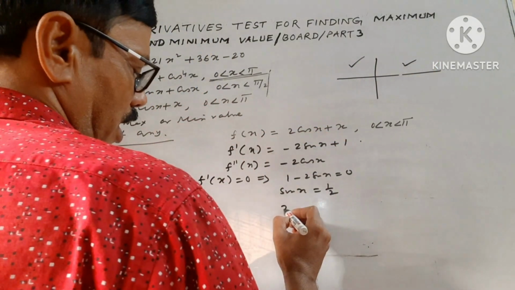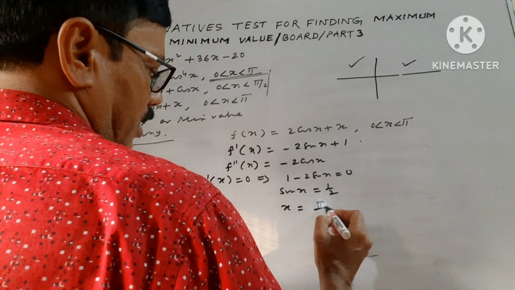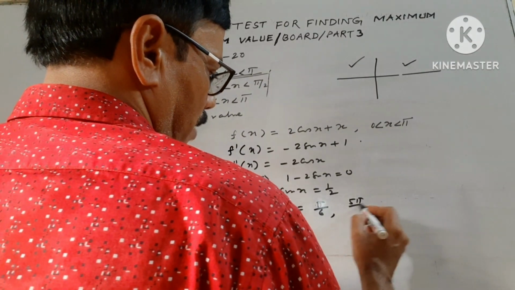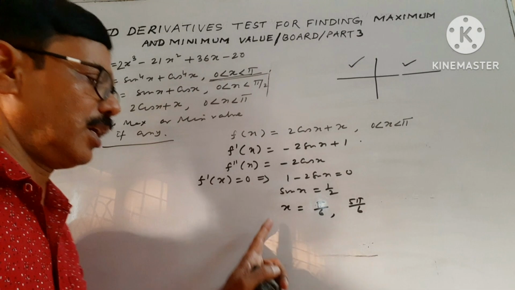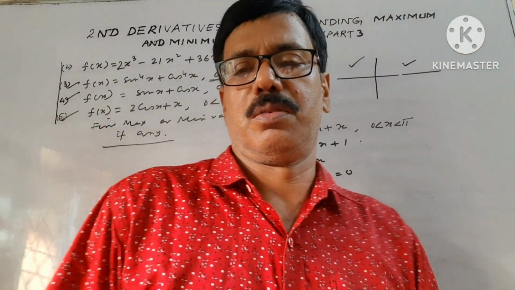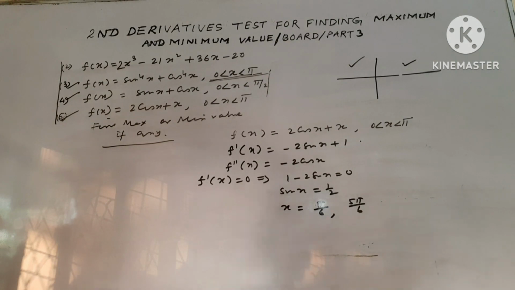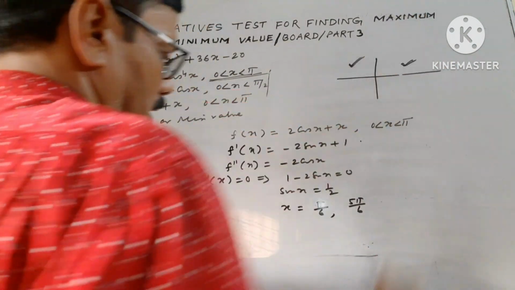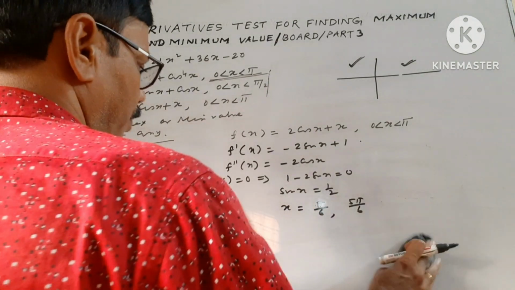So x equals pi by 6, 30 degrees, and pi minus pi by 6, that is 5 pi by 6. Or you can find the general solution, then put particular values of n. Now sin x equals half is in the first and second quadrant, so you are getting 2 stationary points.